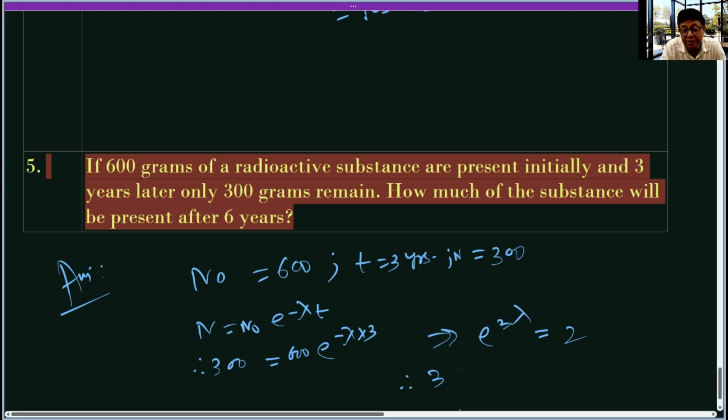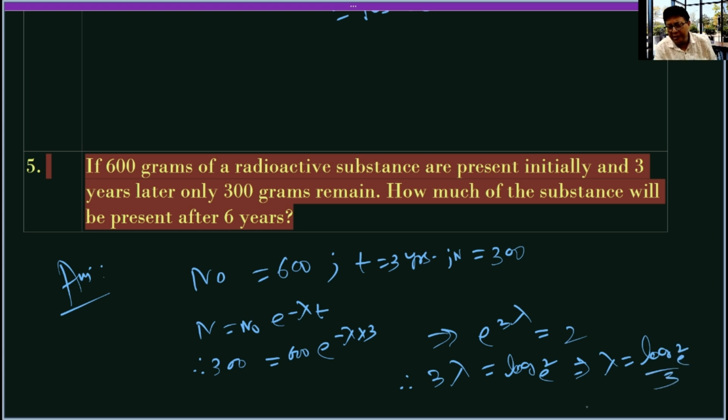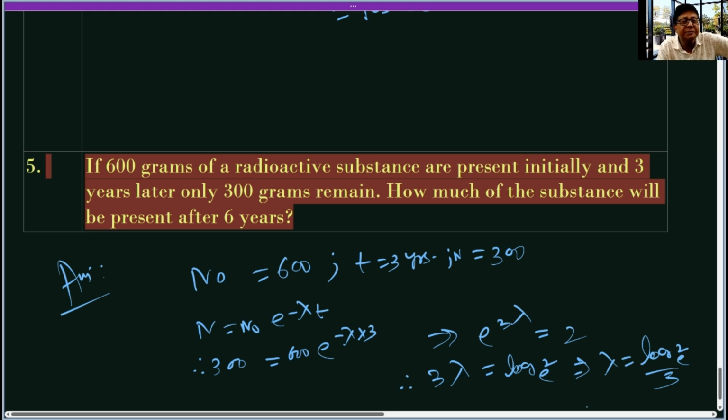So taking log, 3 lambda equal to log 2 base e. So many times you have used log 2 base e. Lambda is log 2 by 3. How much of the substance will be present after 6 years?